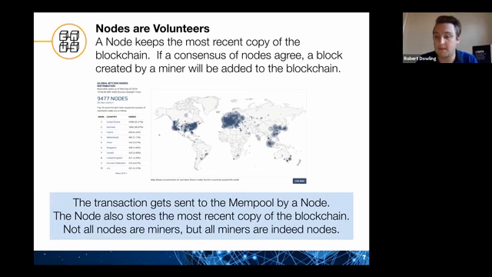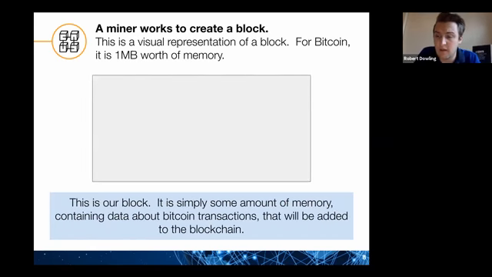And what happens after that is that some of those nodes conduct a process called mining. Now, we talked a little bit about this last time, so I want to keep it brief, but with miners, what they're doing is they're running software such that they are settling the transactions.